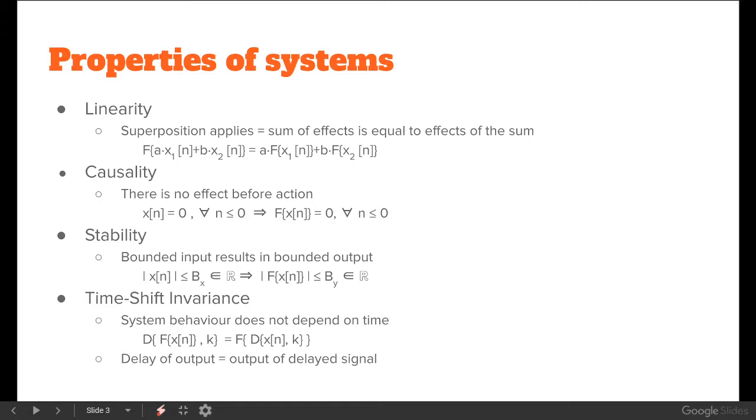All right, so okay, back to this topic, properties of systems. Okay, in principle you should be aware of these from some other courses. Linearity of a system. What does it mean? Basically, it means that you can break up the signal into parts and put those parts through the system.